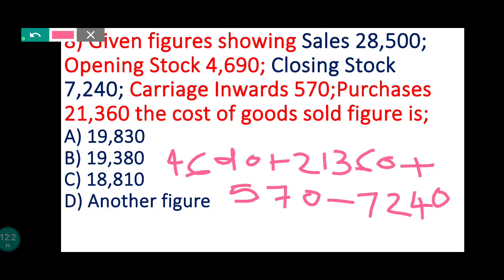If you calculate this equation, you will get the answer 19,380. So this is the answer for cost of goods sold. Remember students, the sales figure is given just to confuse. While finding the cost of goods sold, you do not consider the amount of sales.